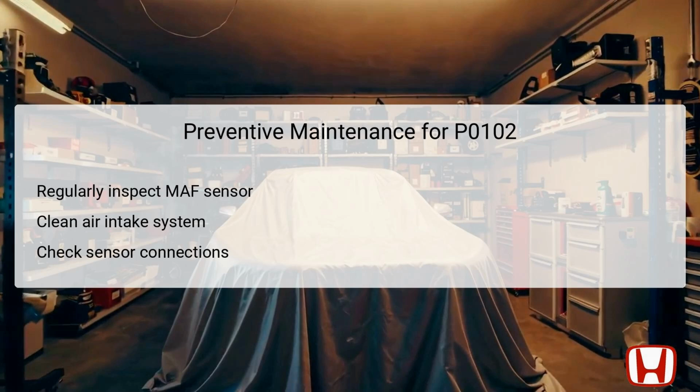Ensuring that air filters are clean and replaced as necessary can prevent contaminants from affecting the sensor's operation. Additionally, regularly inspecting the sensor connectors will help catch any corrosion or looseness before they lead to future electrical issues. Following these preventive maintenance steps can help enhance overall engine efficiency and longevity.